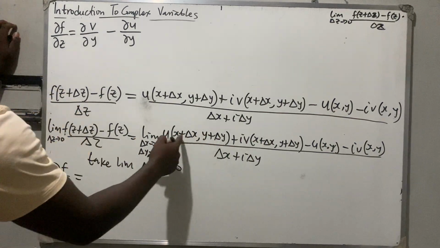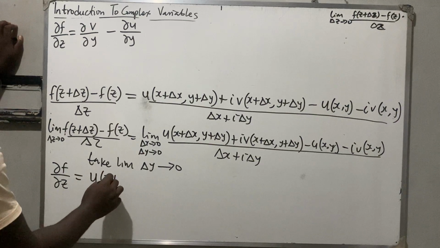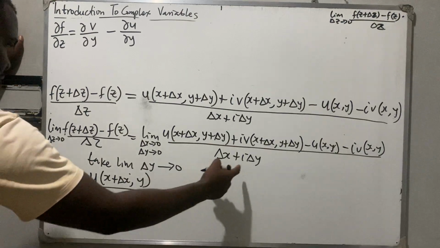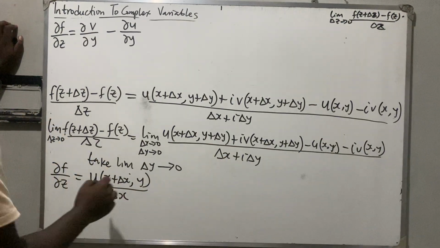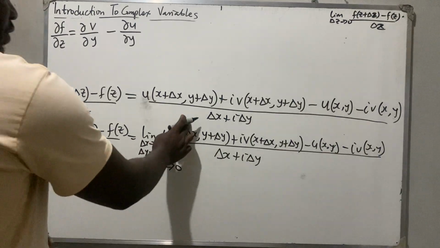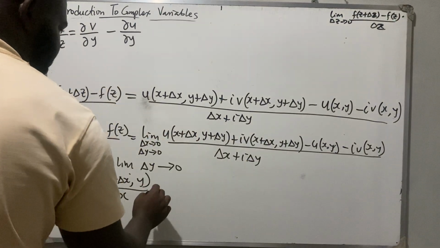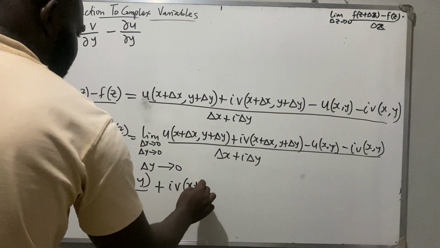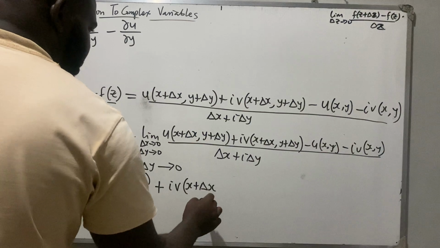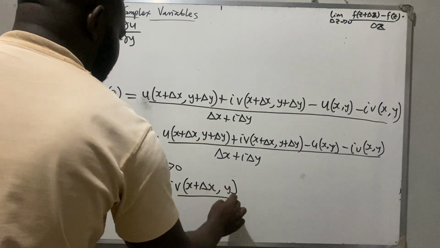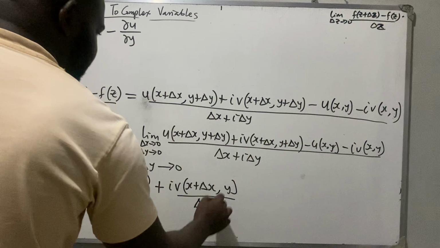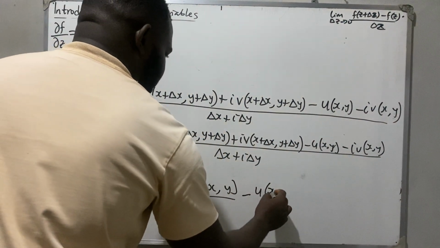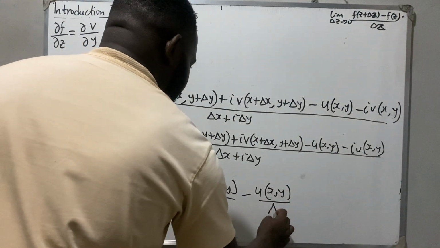So I'm having u of (x + delta x, y) over delta x left here, and that is for these two people. For these two people it will now be plus i v of (x + delta x, y) all over delta x. For these two people it will now be minus u of (x, y) over delta x.